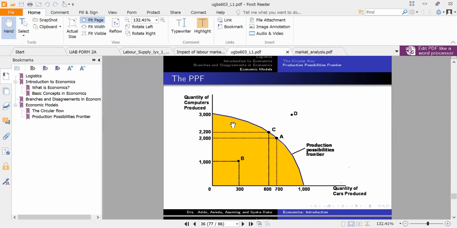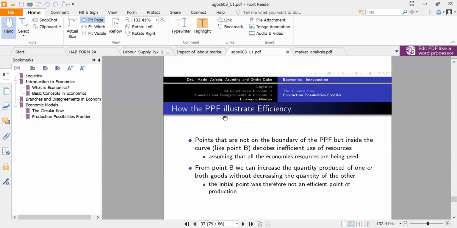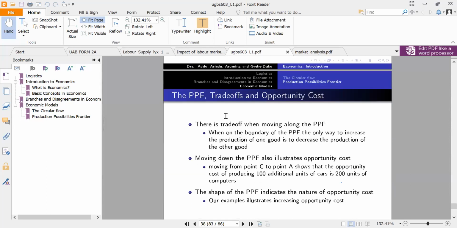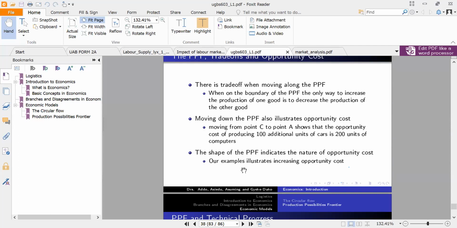It will get to a point where you cannot increase computers so much. Diminishing returns will set in. So the shape of the PPF indicates the opportunity cost.